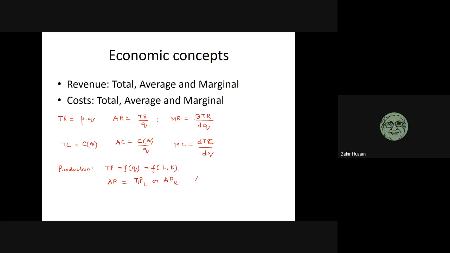So APL is total product by labor, average product of capital is total product by capital. Similarly, when I'm talking about marginal product, it will be like this.